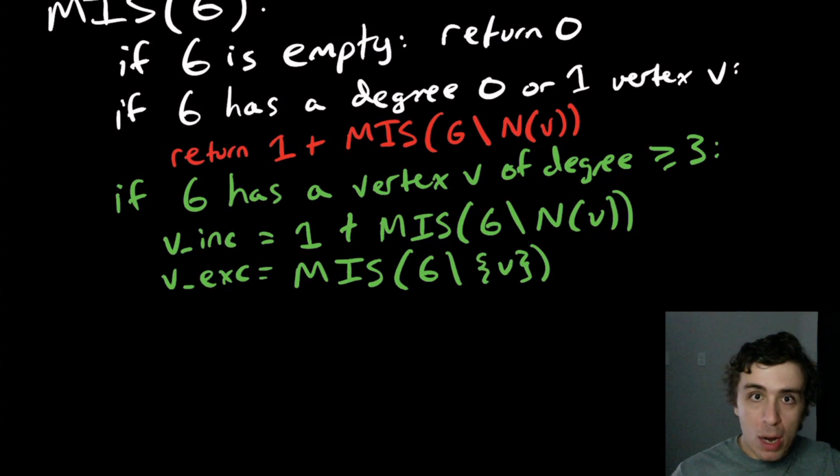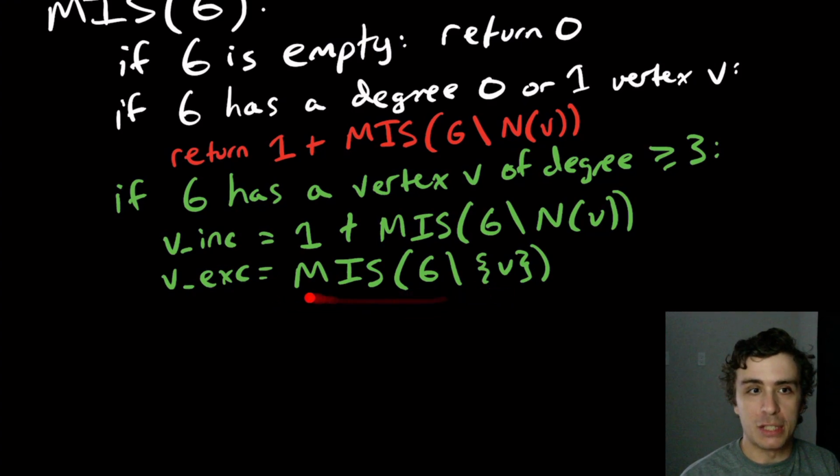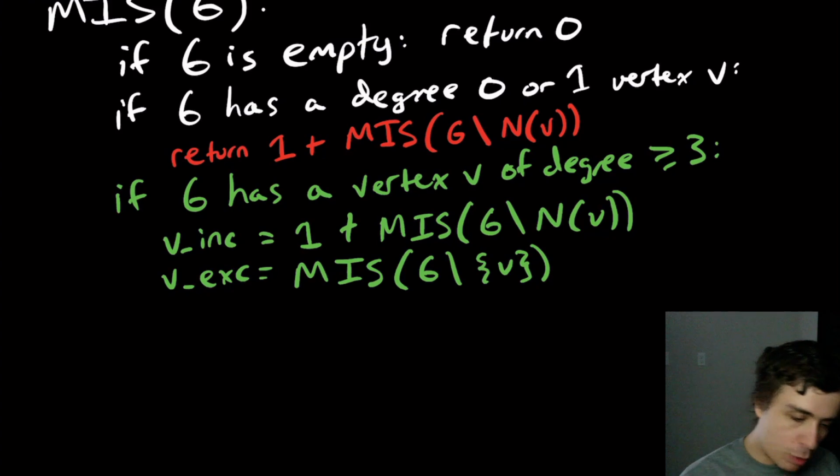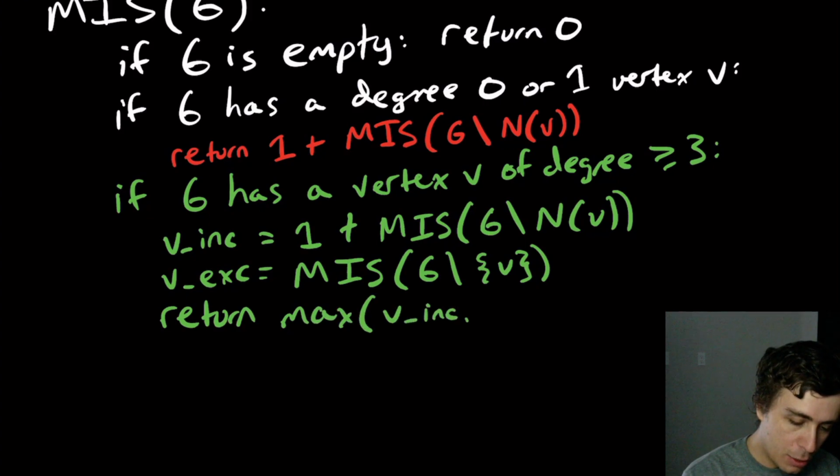In fact, we would want to include some of them. But here we're not including this one vertex V. Here we are including V, so we need to delete all of its neighbors also. And so what I'm going to return here is the maximum of the 2: the max of V included and V excluded.